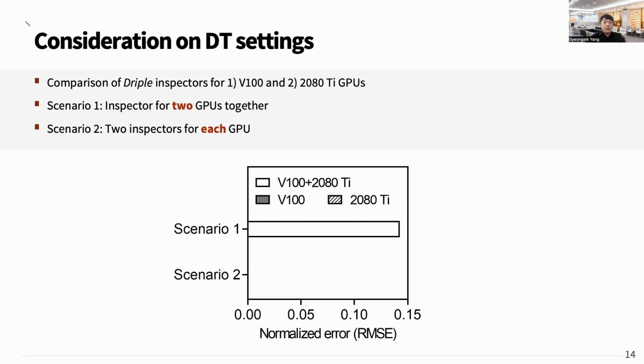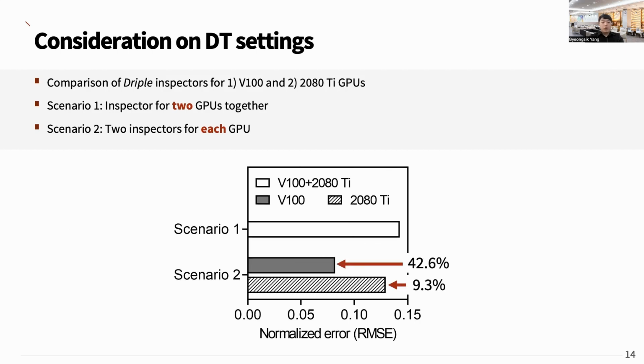And the second scenario is that of training 2 inspectors for each GPU. The graph below shows the prediction error between the scenario 1 and 2. The prediction error reduces by up to 43% in scenario 2, where the inspector is trained per DT setting.